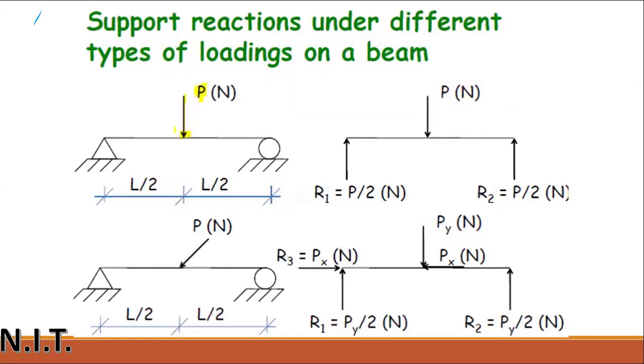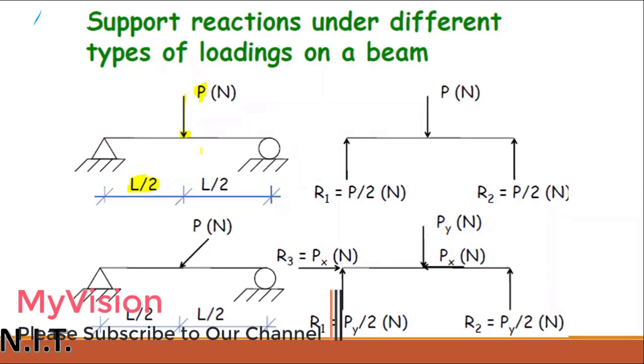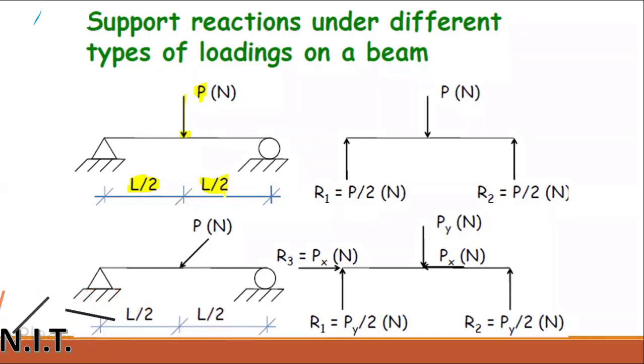This P is applied on the beam in the center. This length is L by 2 on the left side, because P is applied perfectly in the center, so the right hand side will also be equal to L by 2.